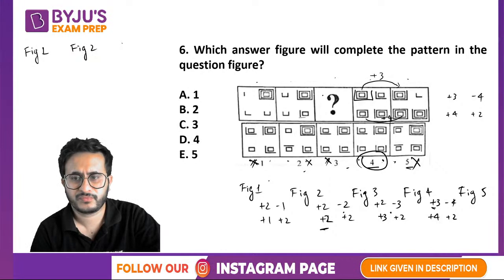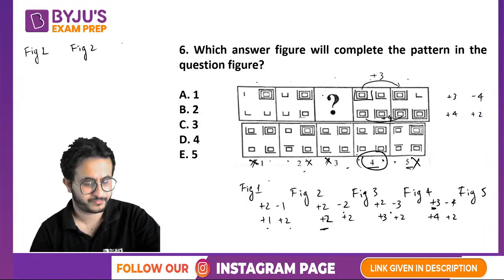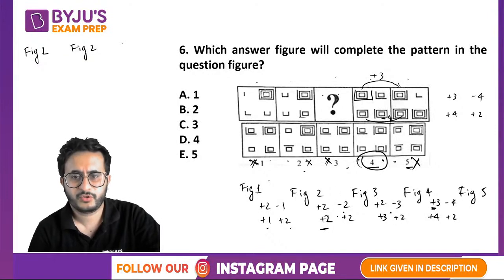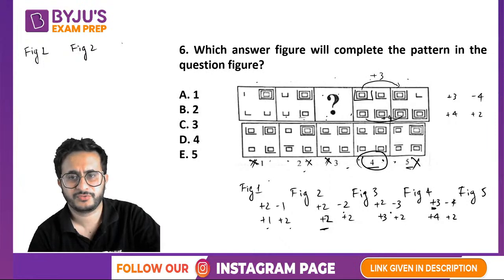That is some odd thing happening. But the rest of the 3 follow the pattern in figure 4. So 2 elements reduced from this to this, 2 elements added from this to this, and 2 elements added from this to this.